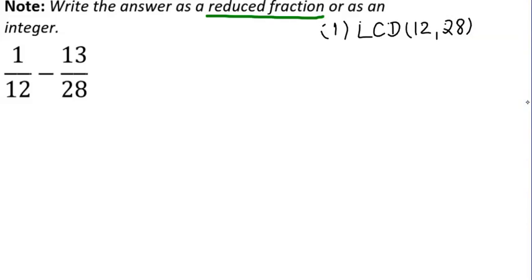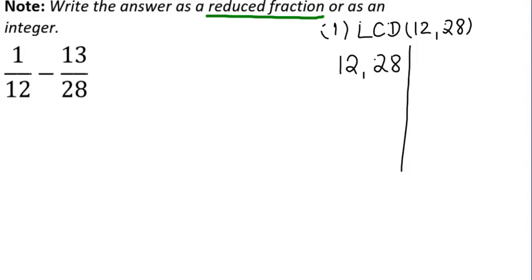I'm going to use prime factorization because it's more efficient than finding multiples. I write 12 and 28 and make a vertical line. The LCD is always bigger than or at least equal to one of them. You're not finding something to simplify, you are finding something to expand.